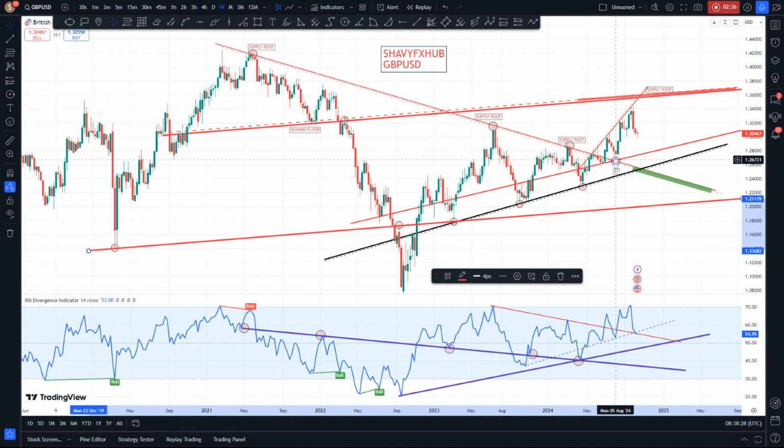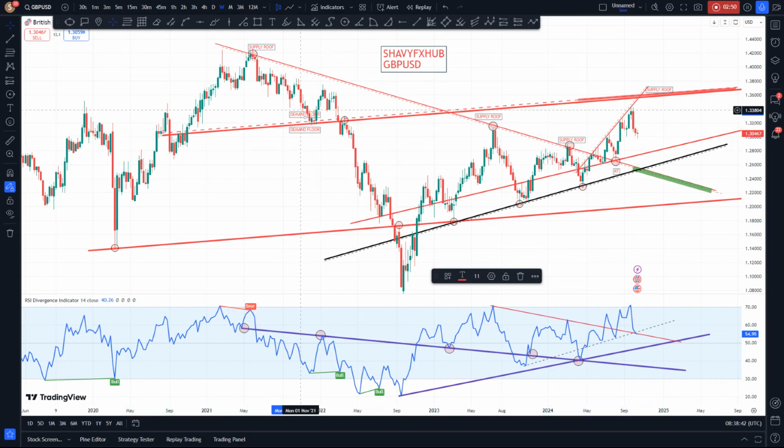GBP is on demand. GBP entered the demand phase in the month of August. In August, price broke a descending supply roof to return as a demand floor. So it's a return on demand, and it's on demand. We will explain it in detail.